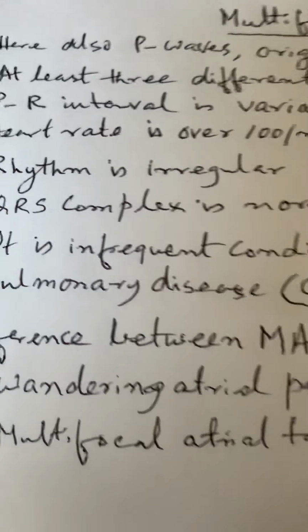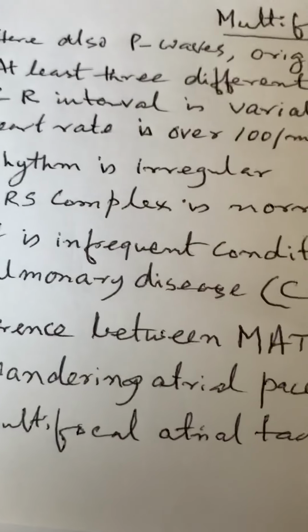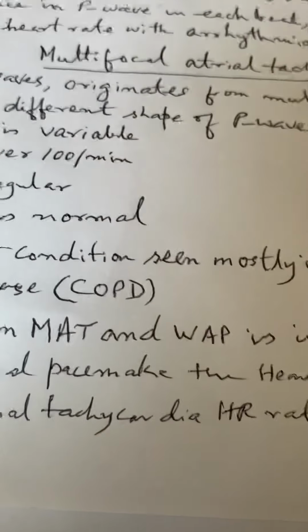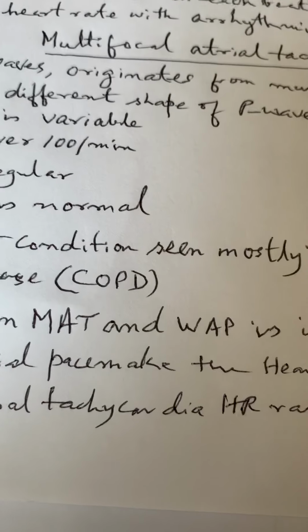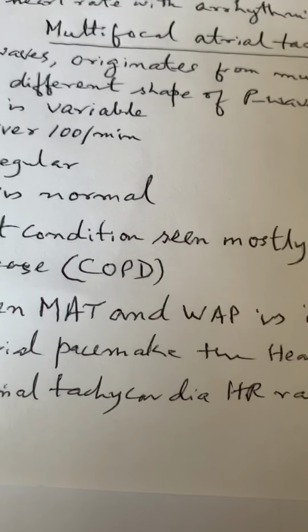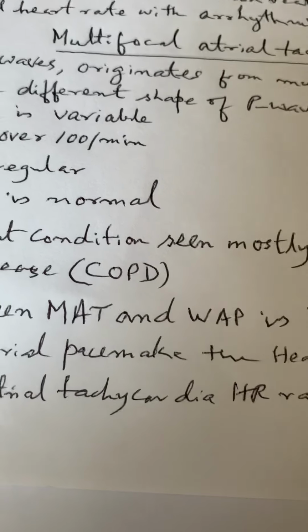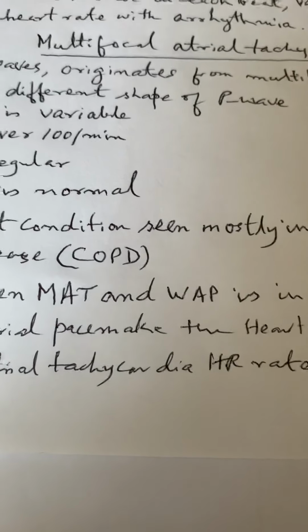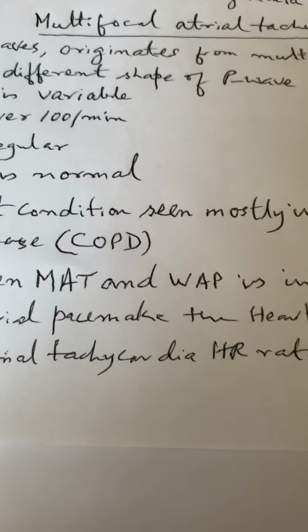In multifocal tachycardia MAT the heart rate will be over 100, so it is higher, and in wandering pacemaker the heart rate is slower, within normal limits. So this is the basic change, and otherwise they are very similar.